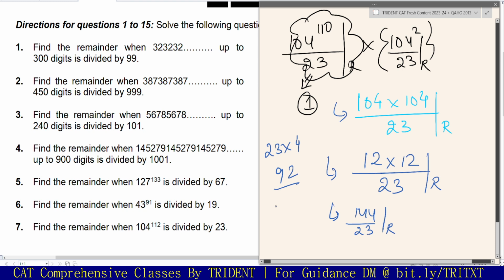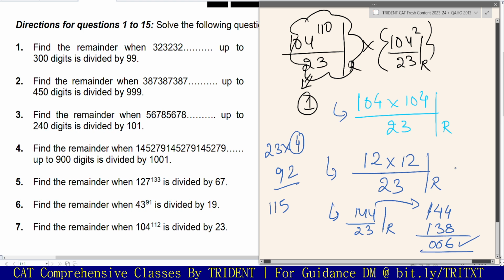So 4 will give me 92, 5 will give me 115, 6 will give me 138, and 7 will give me more than 140, 161. So 6 will suffice. So 144 minus 138, I'll be left with 6. I hope this is clear.